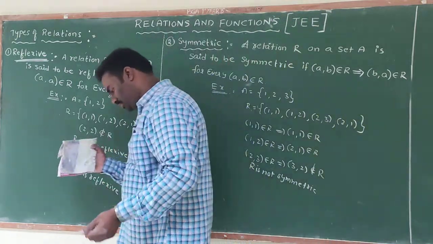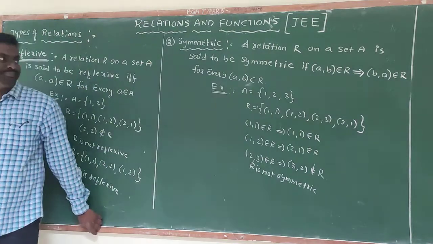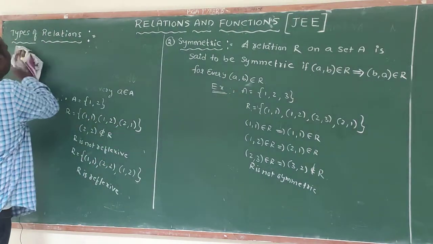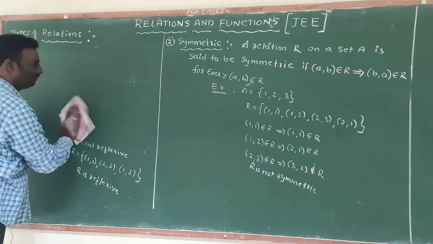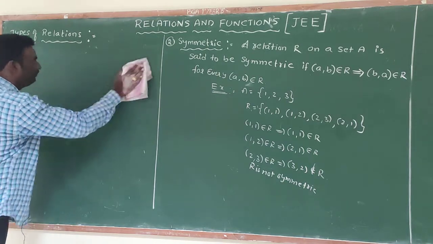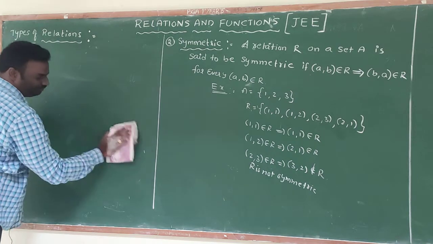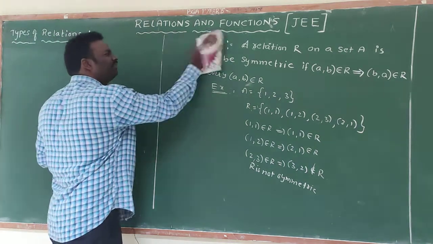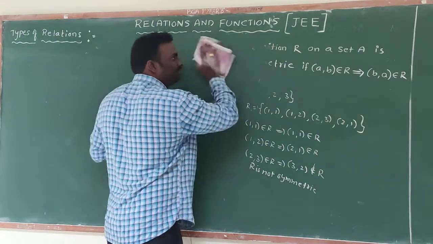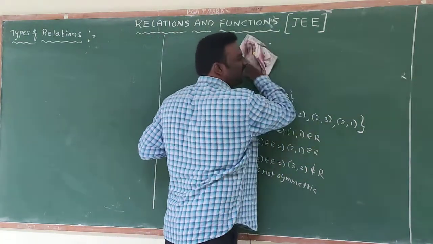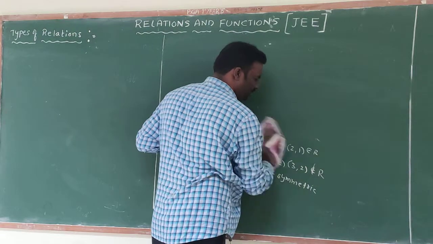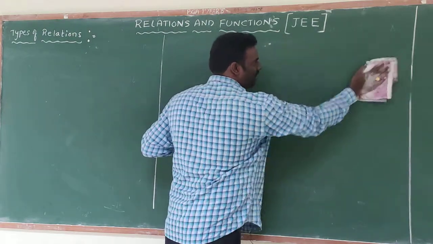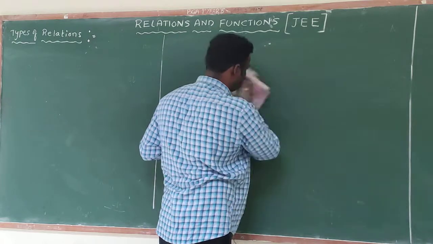Next, coming to the third one. You need to write every definition that I am teaching on the board in your notes. You maintain separate notes for objective. Don't write in PU notes.